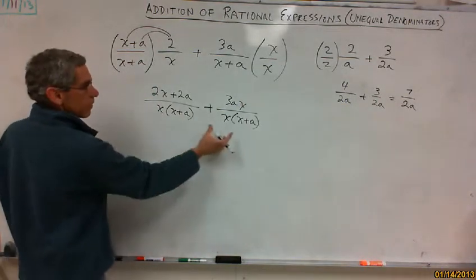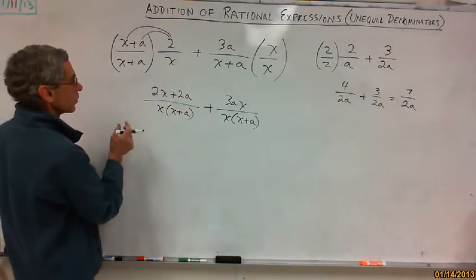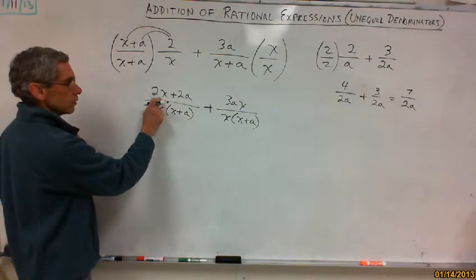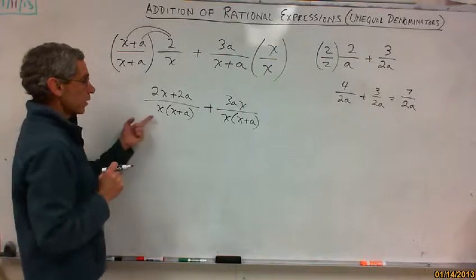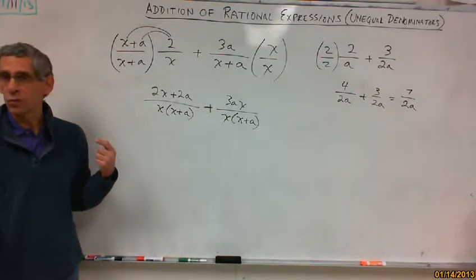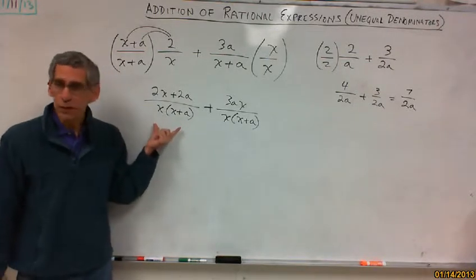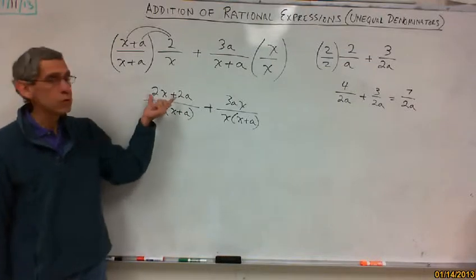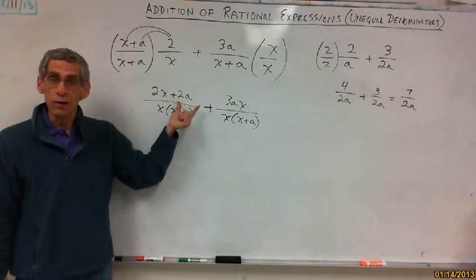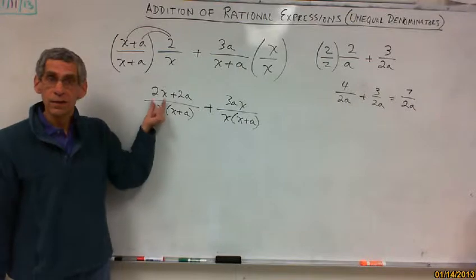Because now I have common denominators, I can add my numerators. There are no like terms. Can you simplify your bottom though? I could multiply it out. It's okay to multiply it out, but a lot of times it's too much work. There's no need to. Sometimes it's helpful to have it factored already, because when you combine the numerators and factor them, you might realize there's an x you could factor out top and bottom.